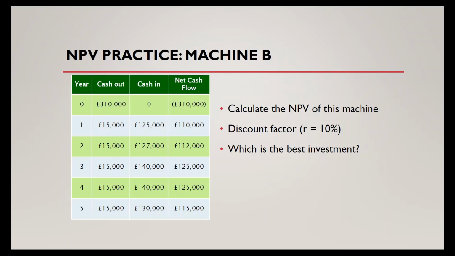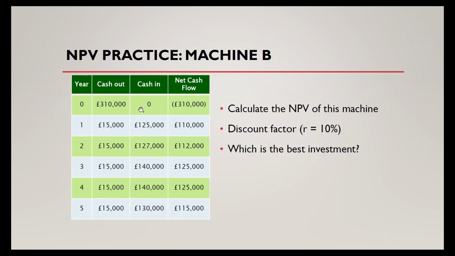In order to strengthen students' understanding about the calculation for the NPV, I would like to leave you with a NPV practice question. In this case, assuming that for the machine B, you will need to pay 310,000 to buy the machine. Therefore, your net cash flow today will be a negative 310,000.